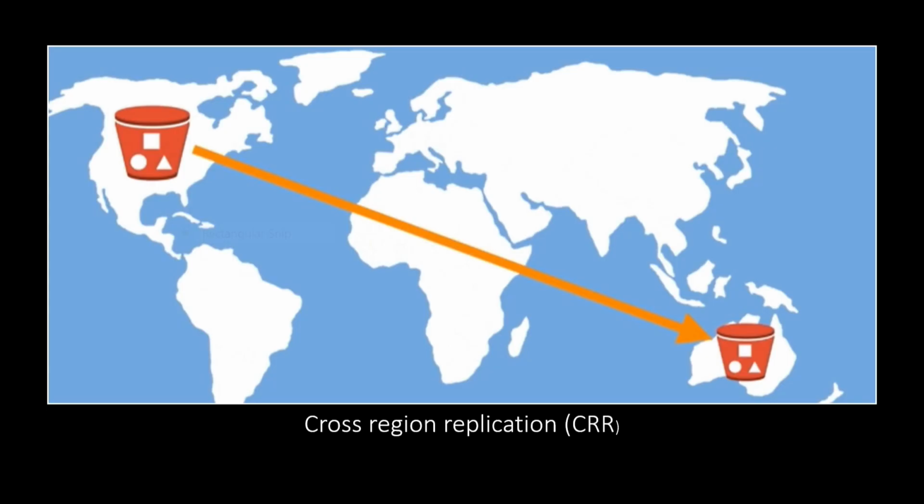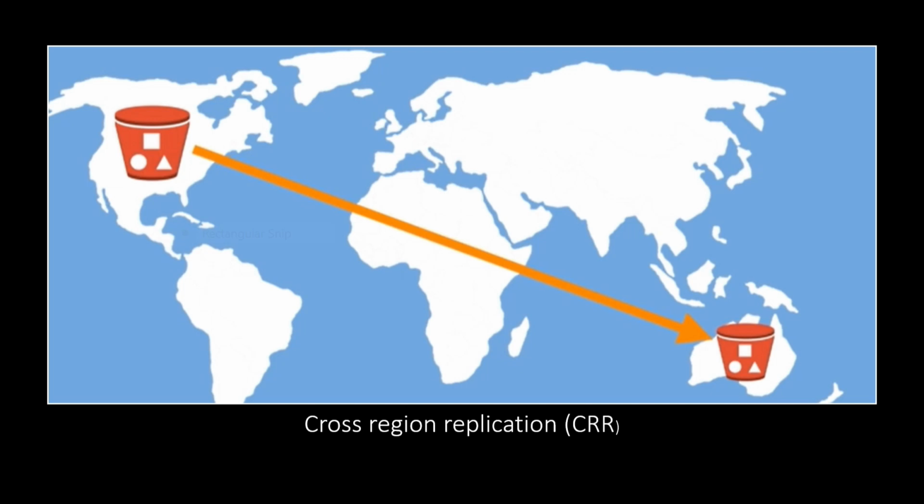So talking about cross-region replication. Say this is your source bucket, and you want to replicate your data in the source bucket to somewhere else in the world. Say you are in Northern Virginia, and from here you want to replicate your data in S3 to the Sydney region. You need to turn on the cross-region replication feature of the S3 bucket.